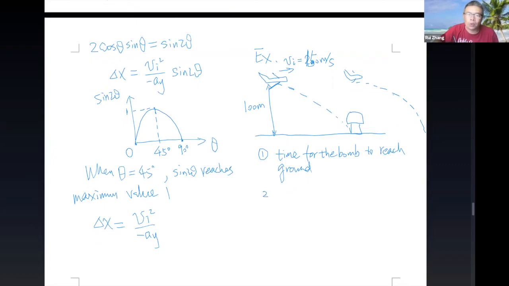And two, how far away should the bomb be dropped to hit the target?